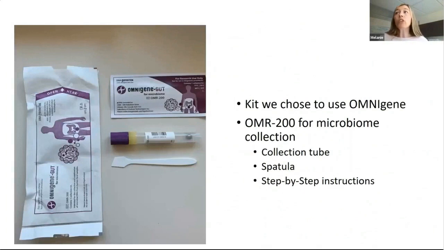So we chose the Omnigene OMR 200 microbiome collection kit. This kit is very user-friendly. There are detailed instructions with pictures walking the participants through the collection process step by step. It also includes the collection tube and a small spatula to use for collecting a very small amount of stool for the tube.